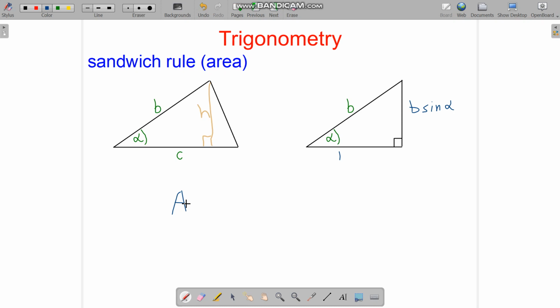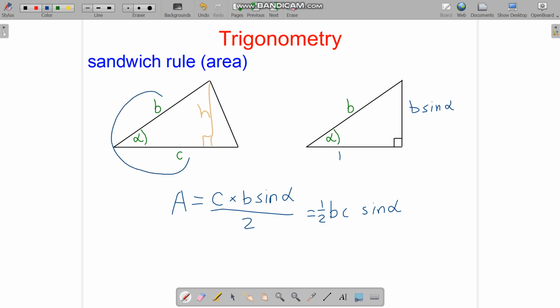So the area is the base, which is c, times the height, which is b sine alpha, divided by 2. Base times height over 2. So that's why the formula is bc sine alpha over 2, or 1/2 bc sine alpha. It's called the sandwich rule because b and c and alpha are like a sandwich.